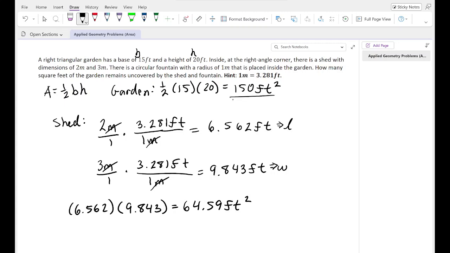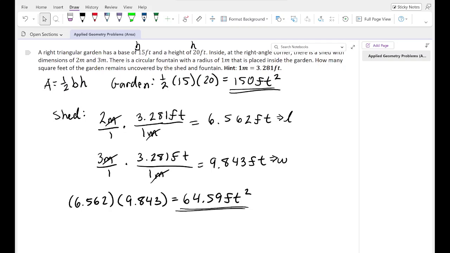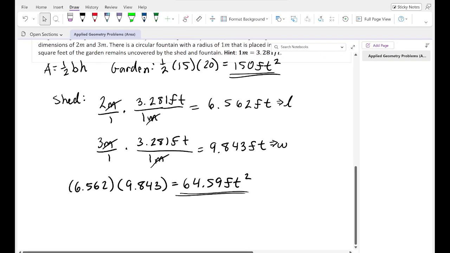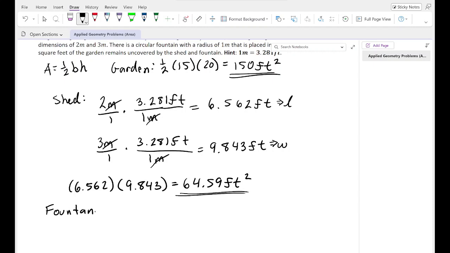So we got the area of the garden, we got the area of the shed, and now all we got to do is get the area of the fountain. So it says that the radius of the fountain is 1 meter. Well, that's really nice, because that's very little work for us to do. So fountain, and since we're doing the circular fountain, the area of a circle is pi r squared.